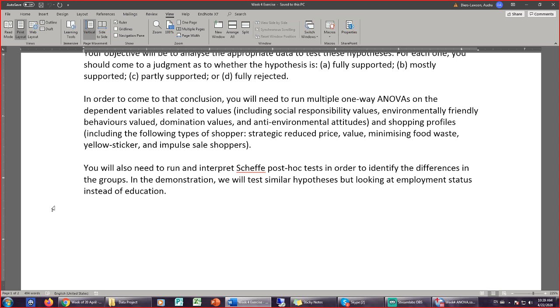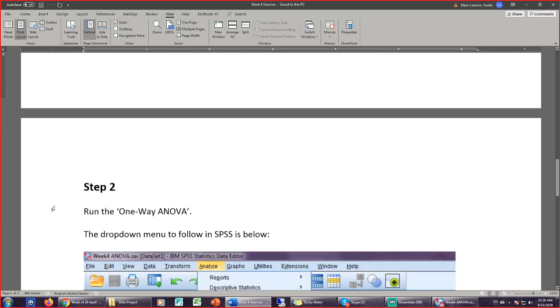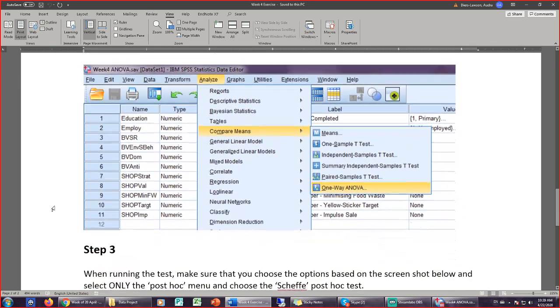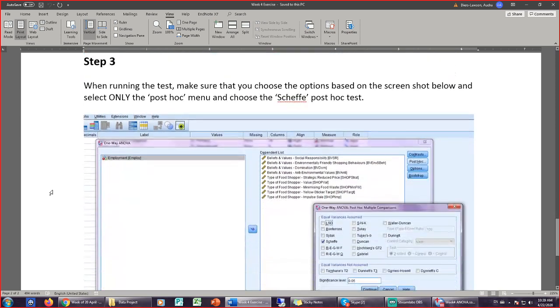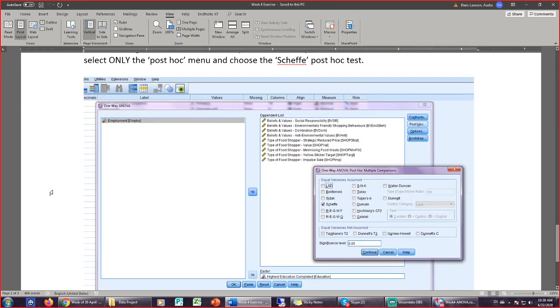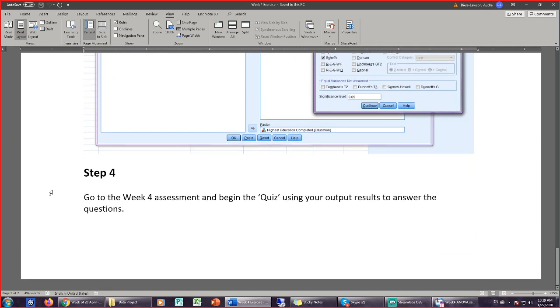You'll also need potentially to run some post hoc tests, and we'll show you how to do that in the demonstration. So step 2 is running the test, and again we'll go over this, but you can see that the screenshot is available. Step 3 is how to do the post hoc test, and then step 4, once you've done that and taken a look at the results, then you can pop into the exercise and complete it.